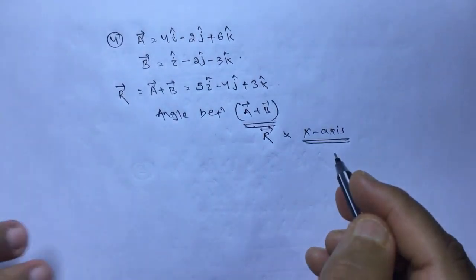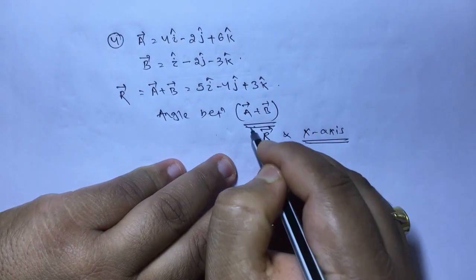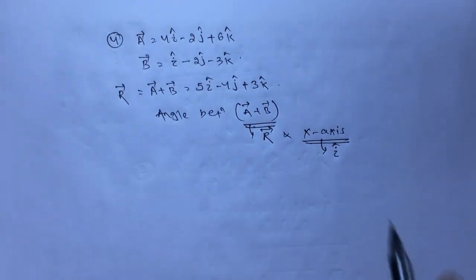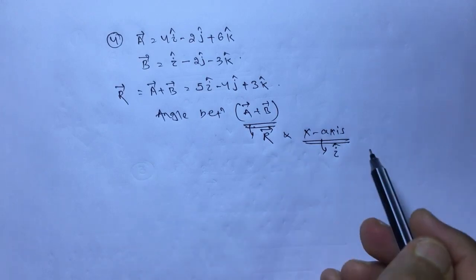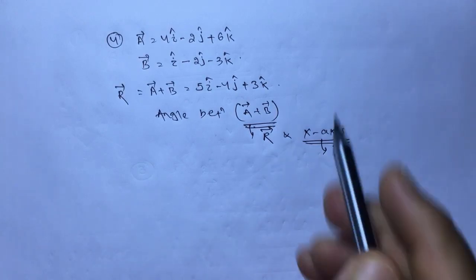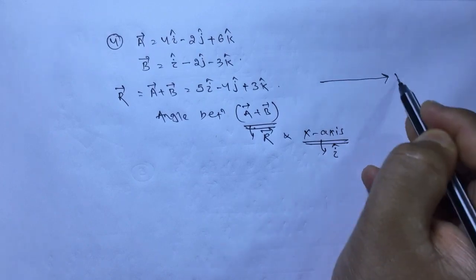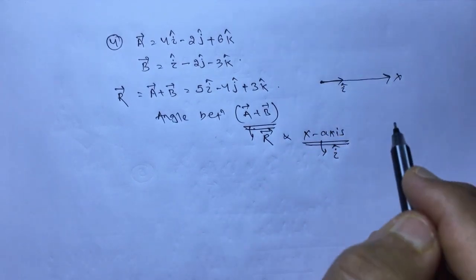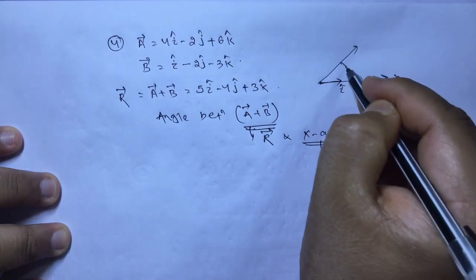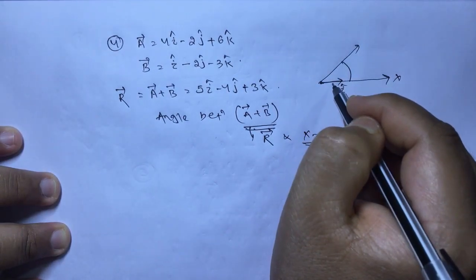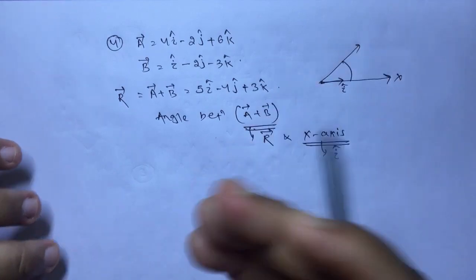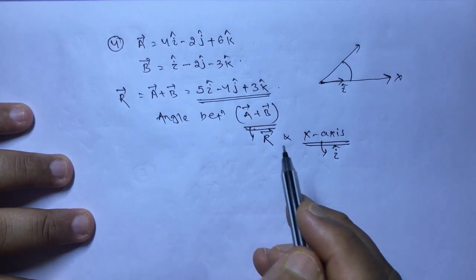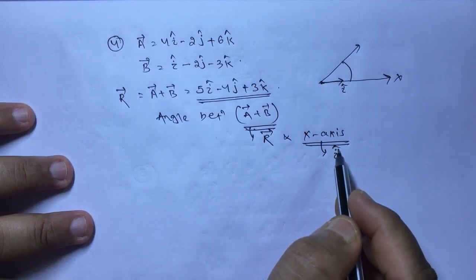The x axis can be written as i cap, because the angle made with x axis is the same as the angle made with i cap. The x axis is like this, and i cap is along the same direction. So if a vector makes an angle of 30 degree with x axis, it is making an angle of 30 degree with i cap. So now the question becomes, how much angle does this vector make with the x axis?